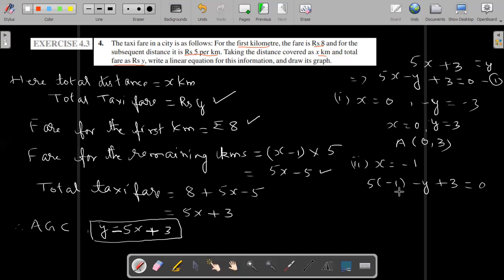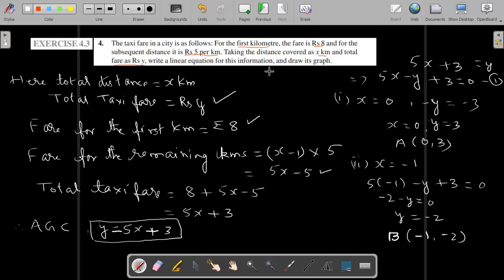So minus 5 plus 3 is minus 2. So minus 2 minus y is equal to 0. So y is equal to minus 2. So another point that you got is minus 1 and minus 2.